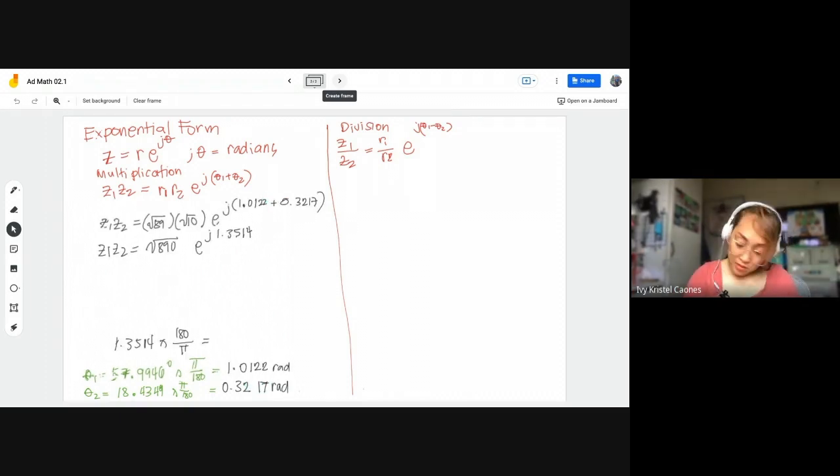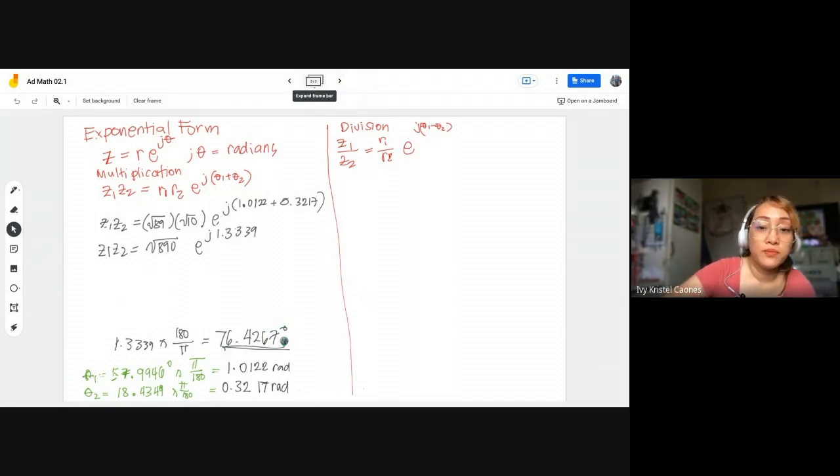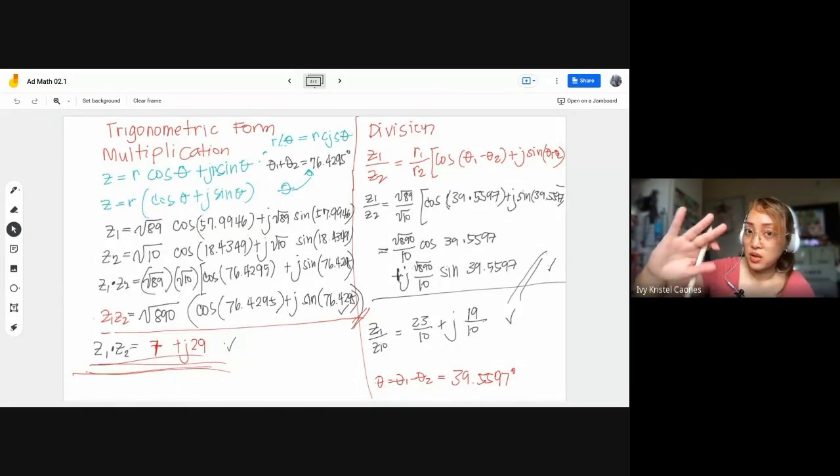It will give you 1.339, and converting back to degrees, times 180 over pi, will give you 76.4267 degrees, which is the same as before. As you can see, there are differences on the third and fourth decimal places.